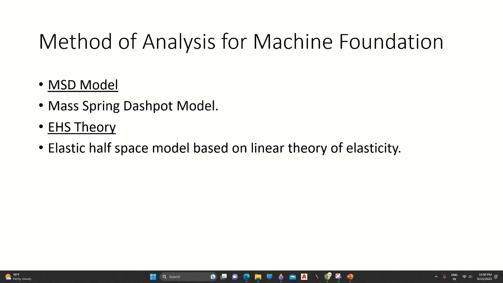So for the method of analysis for machine foundations, you have two methods. One is the mass spring dashpot model, and another is the elastic half space model. And this EHS theory is based on the linear theory of elasticity, where your stress strain curve will be on the linear part of the curve.